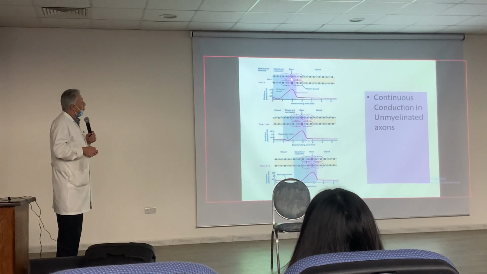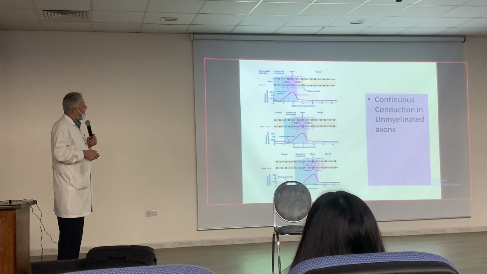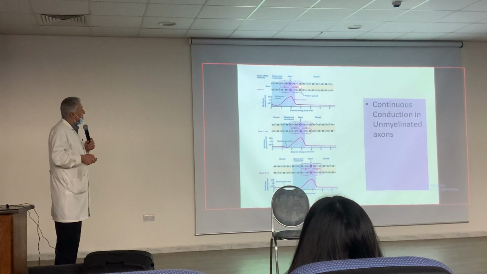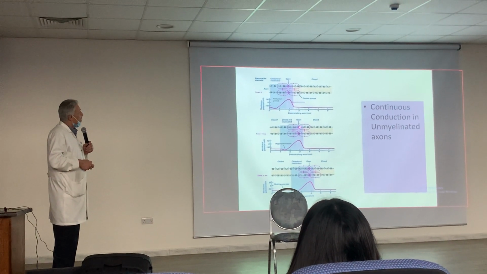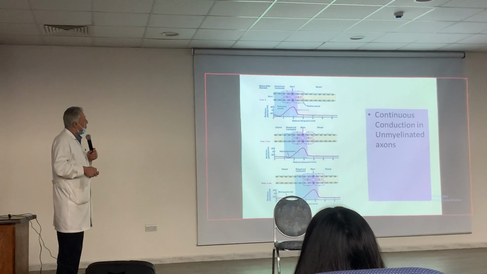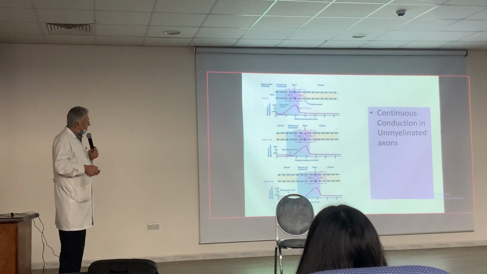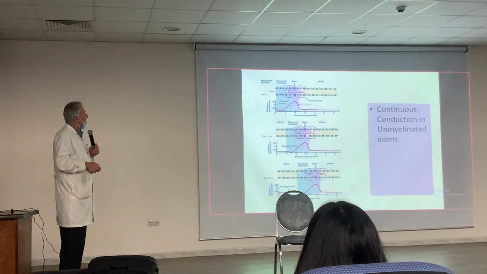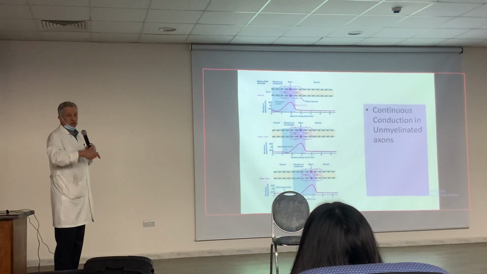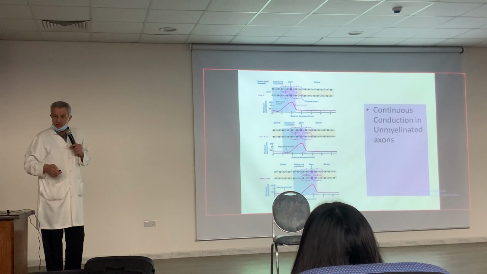So this is the region where you have an action potential, for example. You are developing currents, and by these currents, you are depolarizing this part of the membrane, reaching the threshold, generating action potential, then going to the next part of the axon and so on.